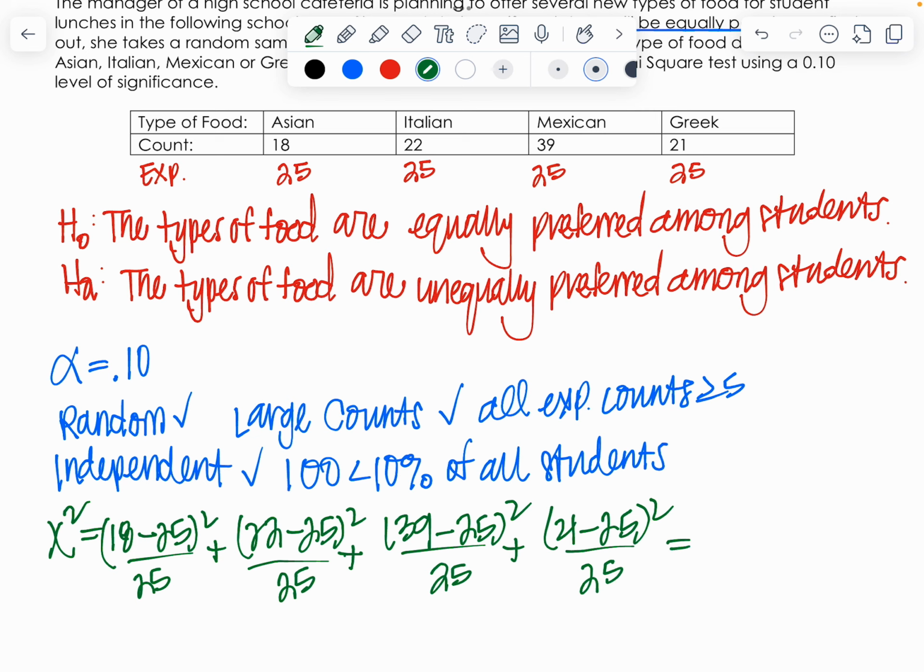Okay, so I'm going to do 18 minus 25 squared over 25 plus, and I get 10.8 as my test statistic.